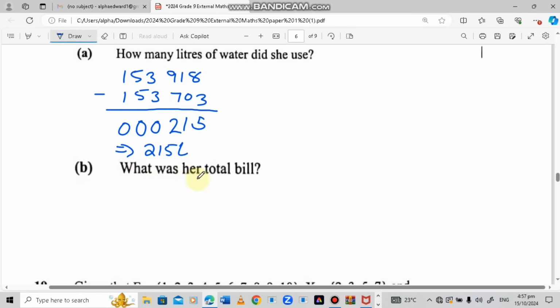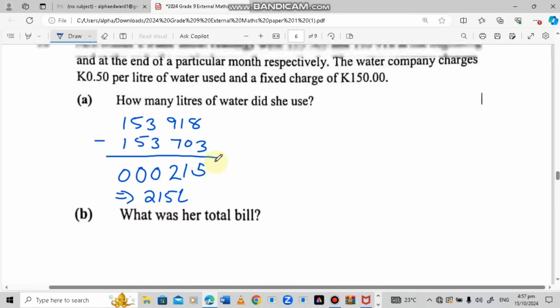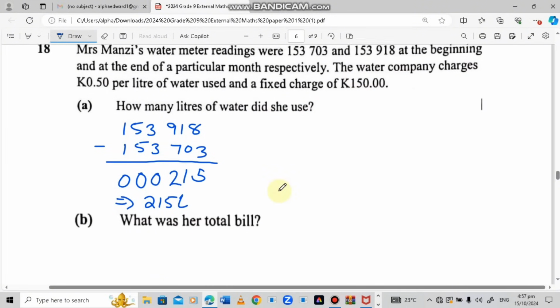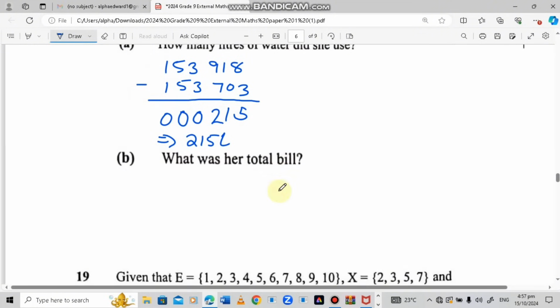Then B, what was her total bill? So for the total bill, you are supposed to multiply this by the amount of charge per liter, then plus the fixed charge. So we're going to say 215 times 0.5. 0.5 is same as half. It's like you are dividing this by 2.